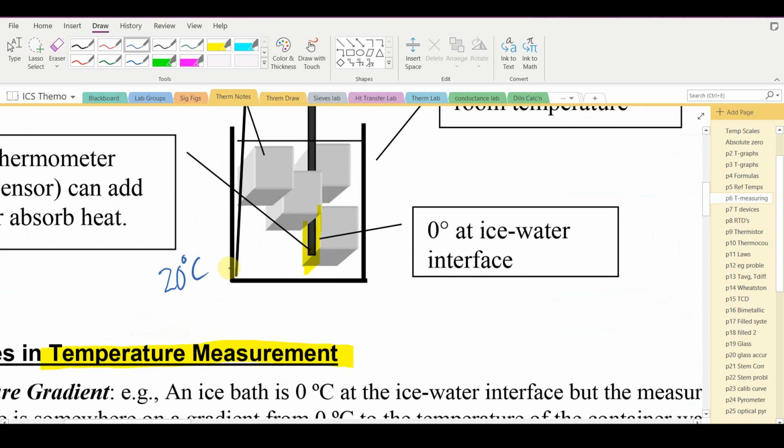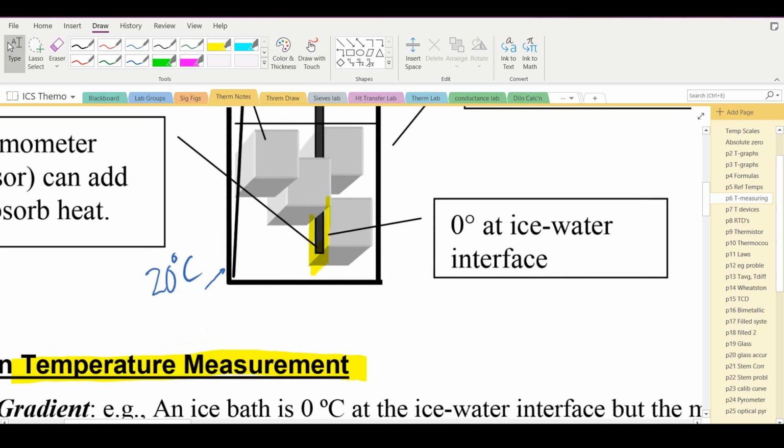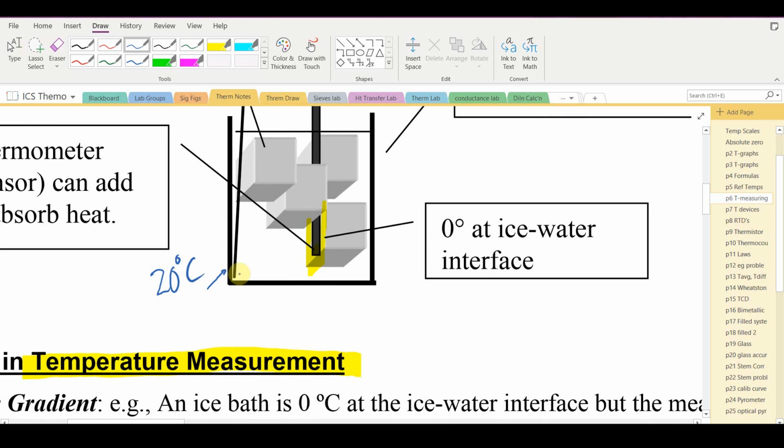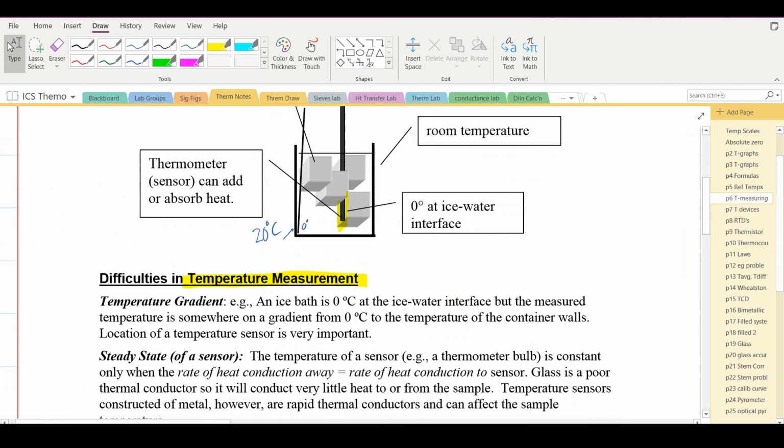You can appreciate that the outside temperature at the surface of the glass is 20. It'll gradually decrease across the thickness of the glass and be 0 somewhere on the inside. But if the thermometer is touching the side of the wall, well, that temperature may be slightly higher than 0 degrees C. And so the point is simply that the location of a temperature sensor is very important.